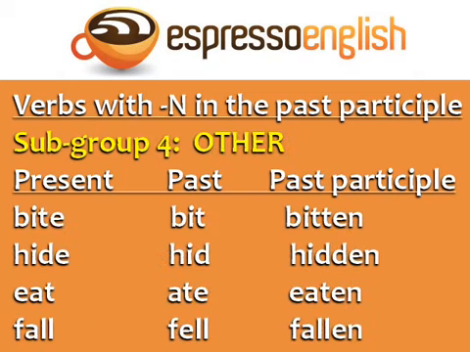Finally, we have subgroup 4, other. These verbs have N in the past participle, but don't appear to follow any other pattern. Bite, bit, bitten. Hide, hid, hidden. Eat, ate, eaten.